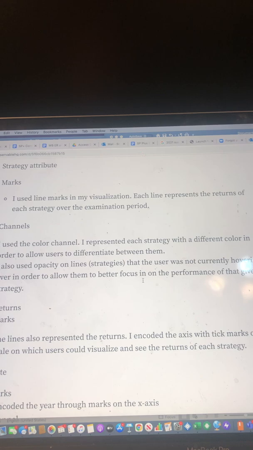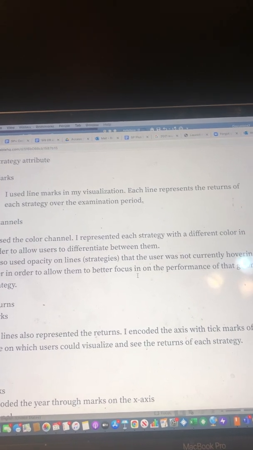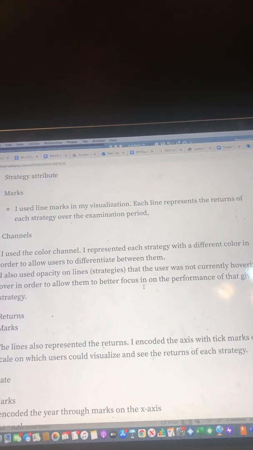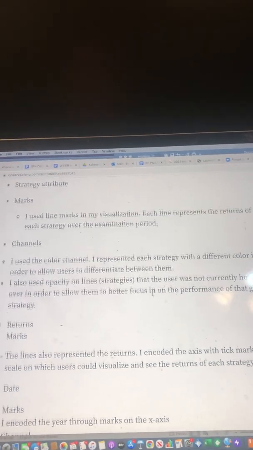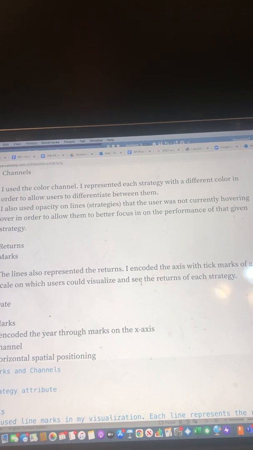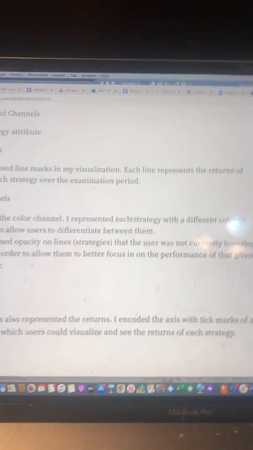For returns, I used line marks as well, and the y-axis was encoded with tick marks to see the returns of each strategy. Date was encoded with marks on the x-axis with the horizontal spatial positioning channel. That's it for the analysis, and I appreciate you guys listening.